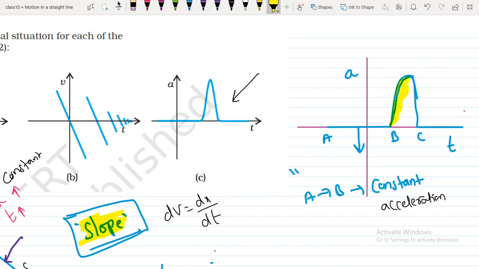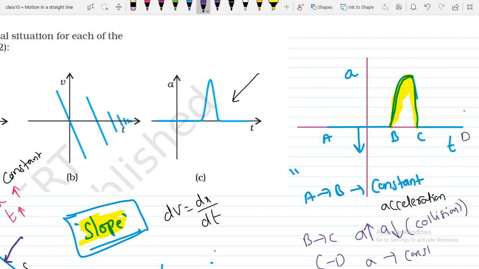All of a sudden the object's acceleration increases, and at the same time decreases. This situation comes in collisions. So from B to C, acceleration is increased and also decreased all of a sudden, at a moment. So this happens in some collision. After that, from C to D, again the acceleration is constant.